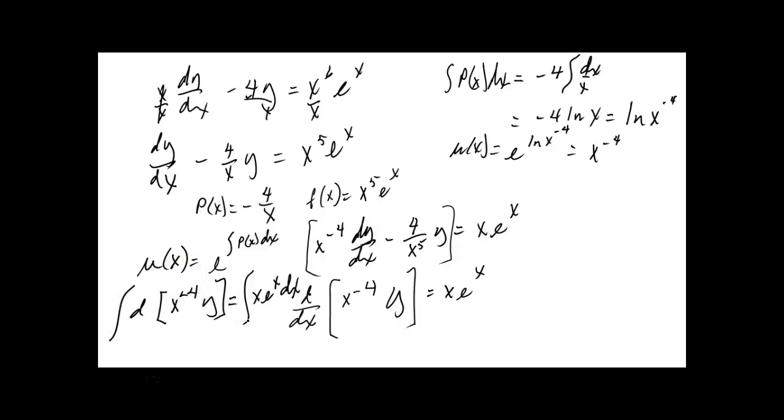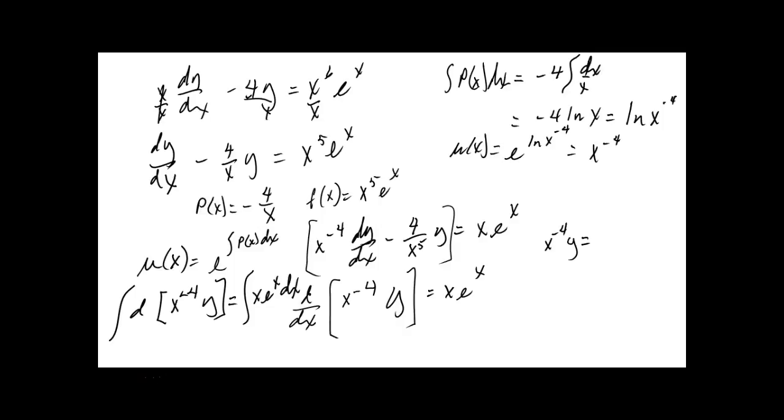The integral of a differential, again, those are operations that are inverse of each other. So that just yields x to the minus 4th y. The integral of a derivative is that, okay? Equal to, now we do the integral of this. That's going to take a little bit of work, not much.